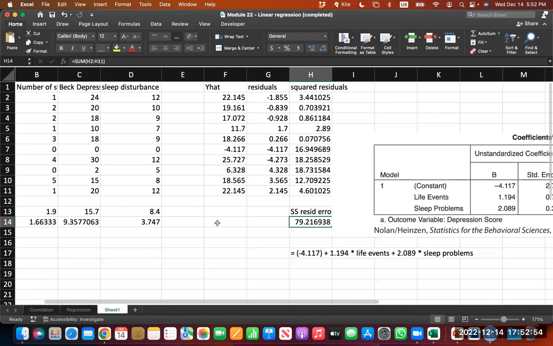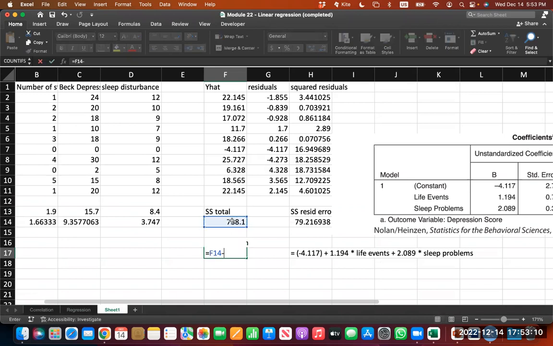That's the sum of squares total. So now the sum of squares regression is now this minus this.